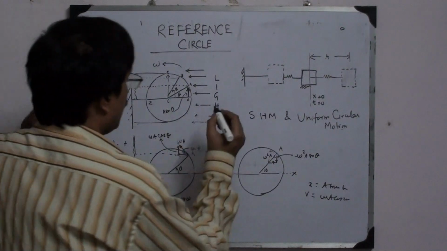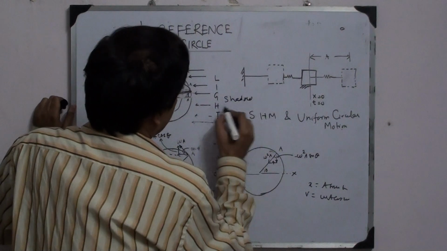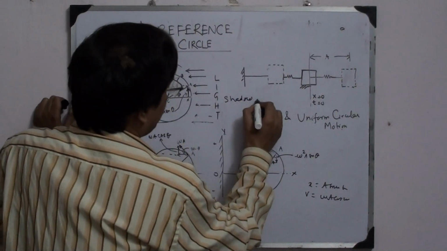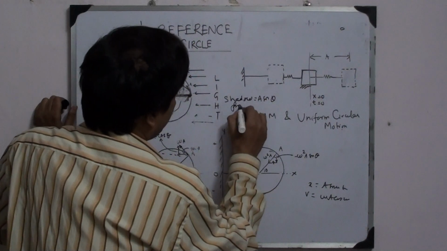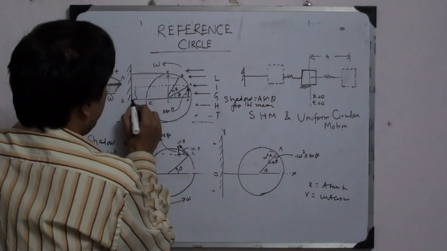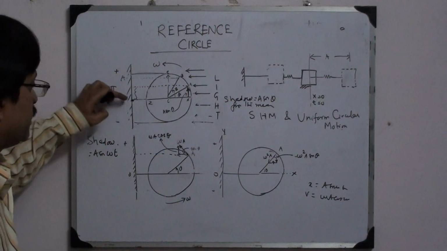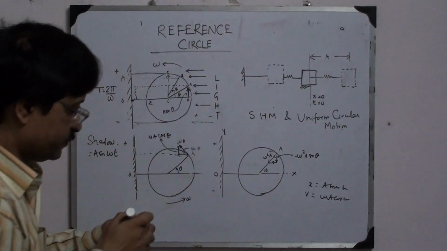So the shadow will be at a height of A sin theta from the mean. This is the mean height, that is the reference height. So the shadow will be A sin theta.